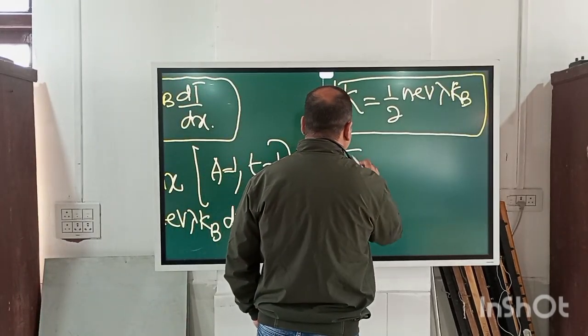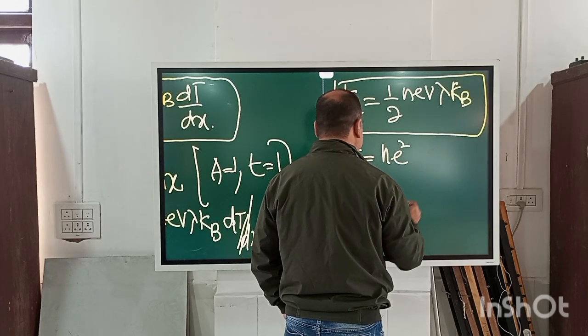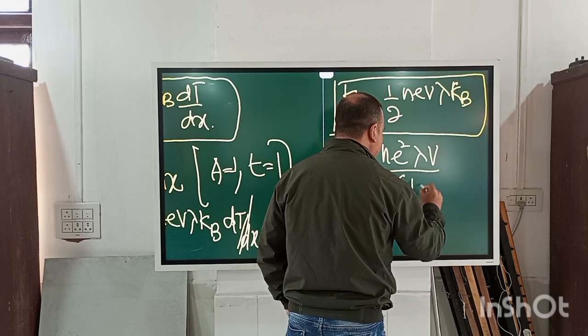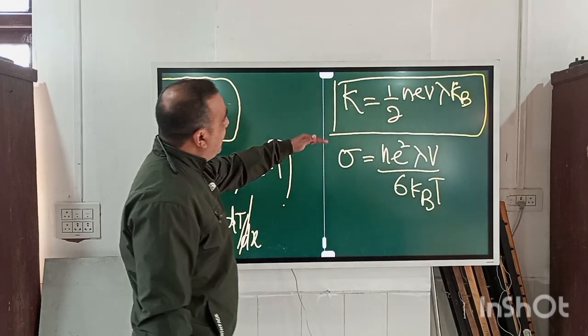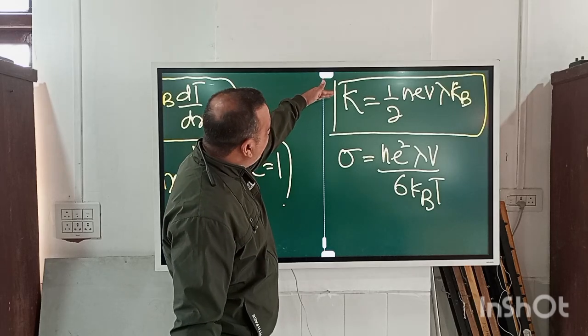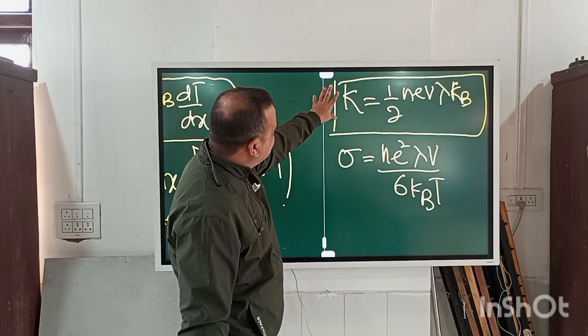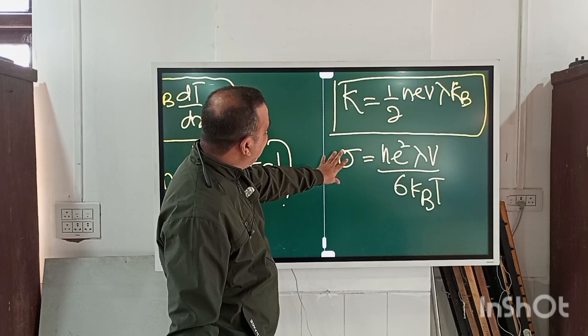And how much is sigma? Sigma is Ne squared lambda V divided by 6 kBT. So on the top we have the expression for the thermal conductivity, and at the bottom we have the expression for the electrical conductivity.